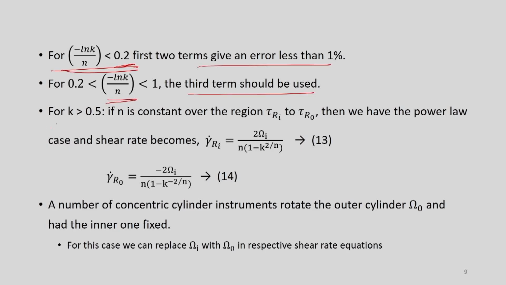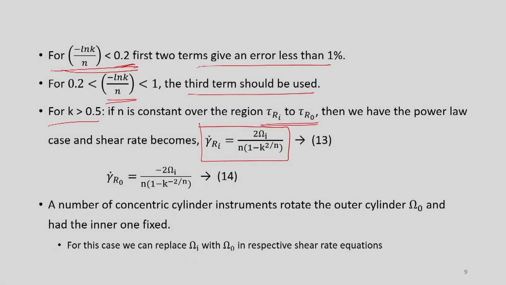But for the case of k greater than 0.5, if n is constant over the region tau r_i to tau r_naught, then one can have the power law case, and then shear rate is given by this expression: gamma dot r_i is equal to 2 omega_i divided by n into 1 minus k power 2 by n.